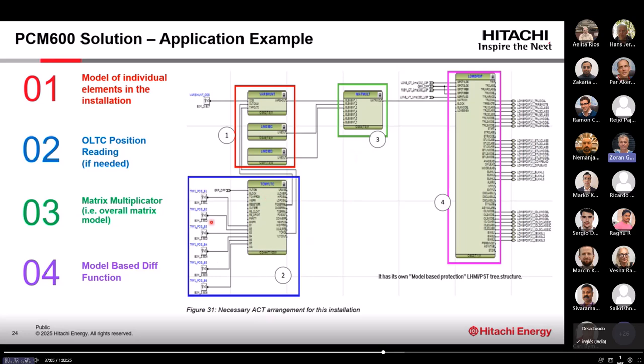If you have a variable shunt reactor as here, then you need to use this ELTC function block, and we already have them in transformer differential. We have just taken exactly the same one, which will then read the tap changer position, give the tap position here, and then calculate a new matrix for every position. What is important to notice, all these fixed, or more or less fixed impedances like fixed shunt reactor, fixed series impedance, and variable shunt reactor, they have an out of service input.